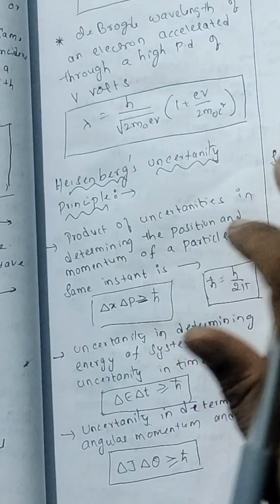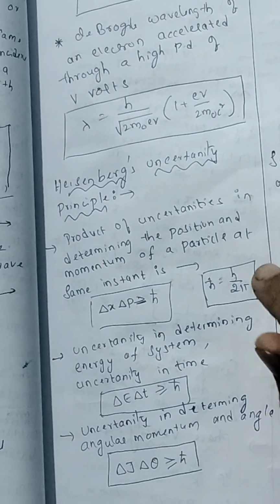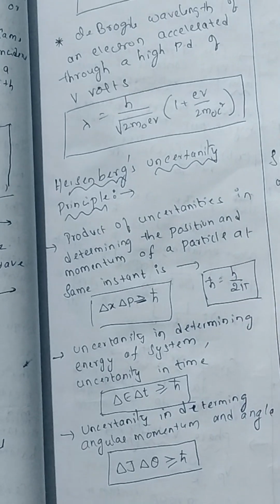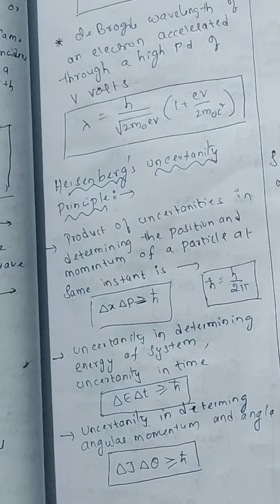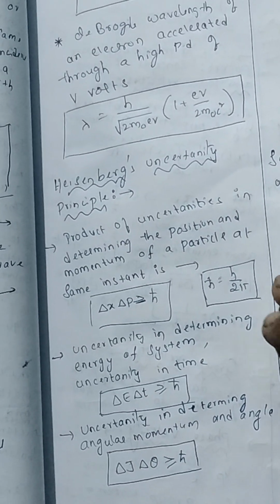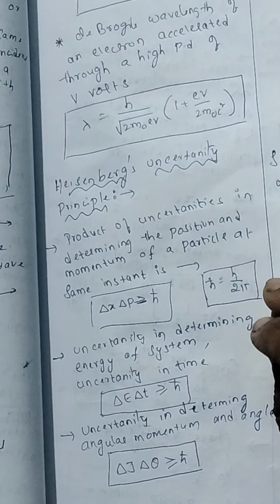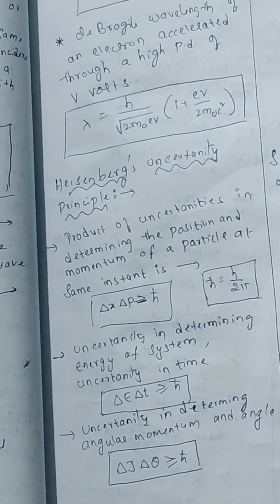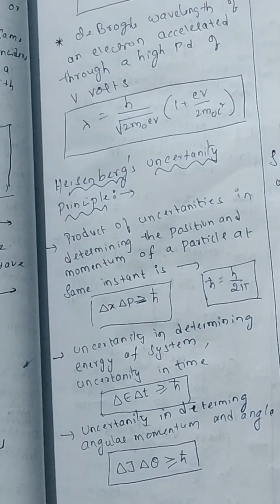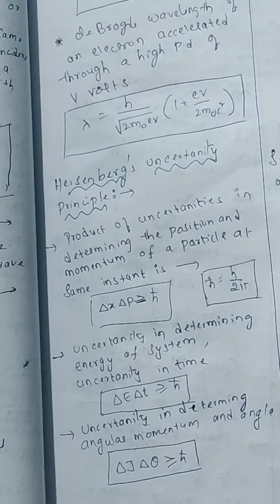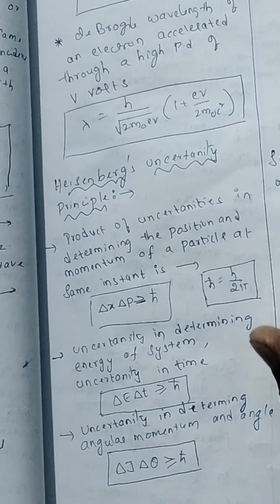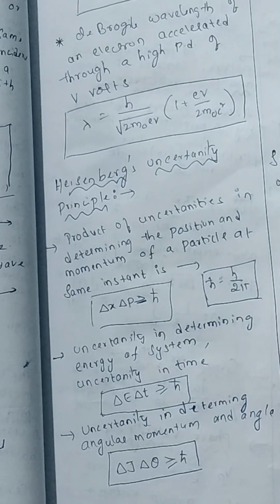For example, if we throw a coin into a deep well containing water, and you concentrate on determining the position of that coin, you cannot determine its velocity or momentum. And if you concentrate on determining the velocity or momentum of the coin, then you cannot determine its exact position. That is what the Heisenberg uncertainty principle says.